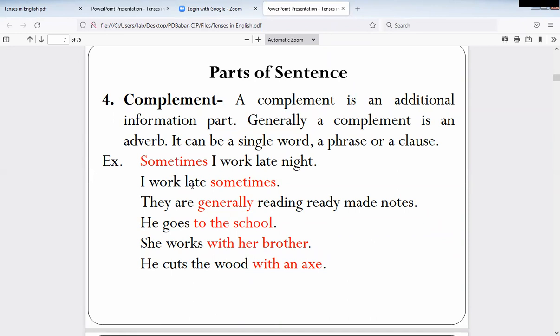It is added at the very end of a sentence, and that is why it is called a complement or complementary part. Generally, a complement is an adverb. Maximum of the time, we can find that the complement itself is called an adverb. When an adverb comes at the end of the sentence, it is called a complement.